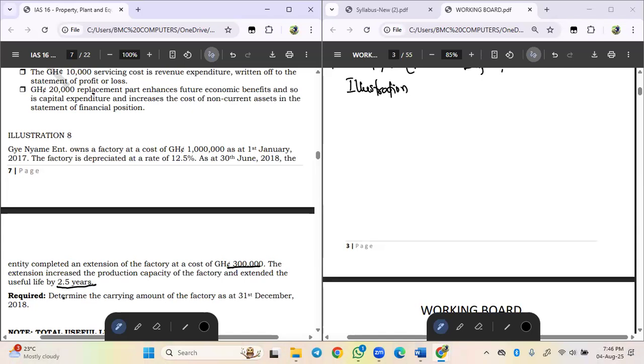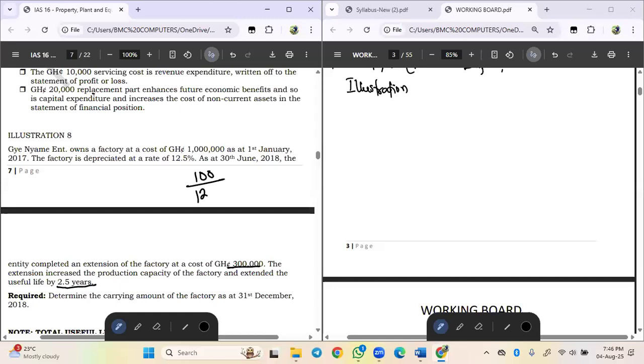Now, initially, one will ask, how will I know the useful life of the asset as at the time we acquired it? This is a clue. If you have depreciation rates and you don't know the useful life in the question, just do 100 divided by the depreciation rate.